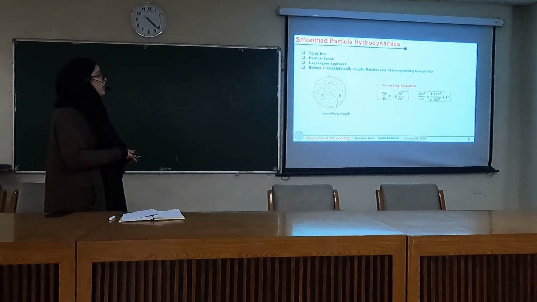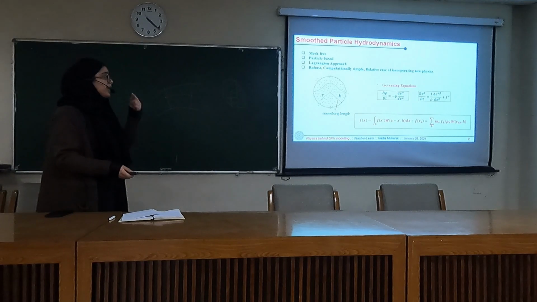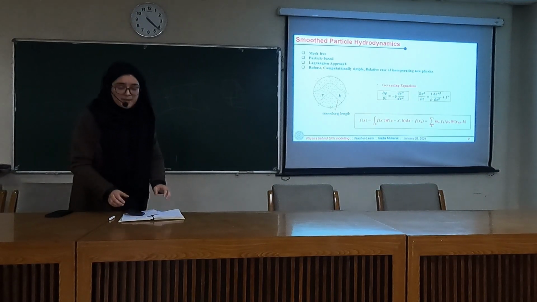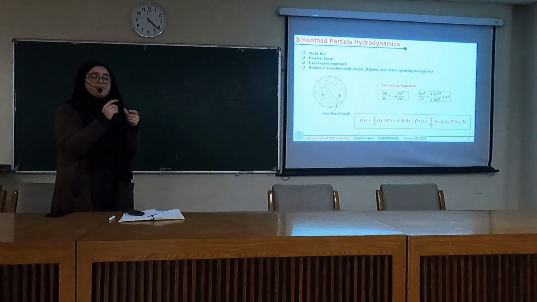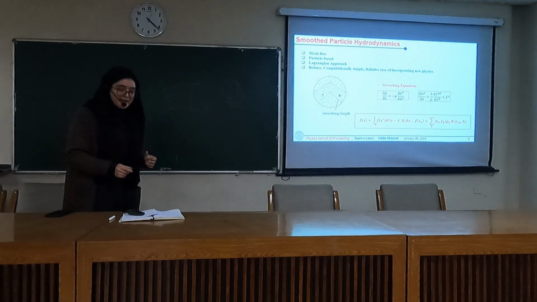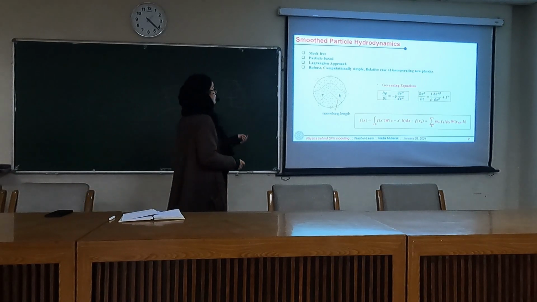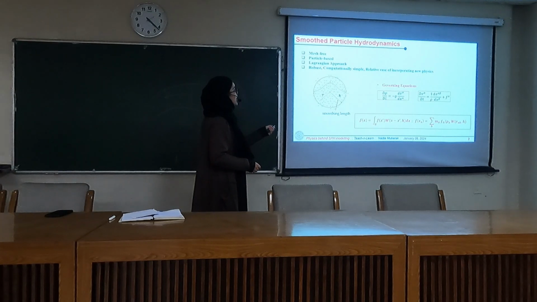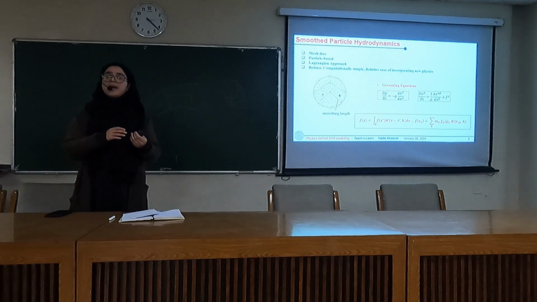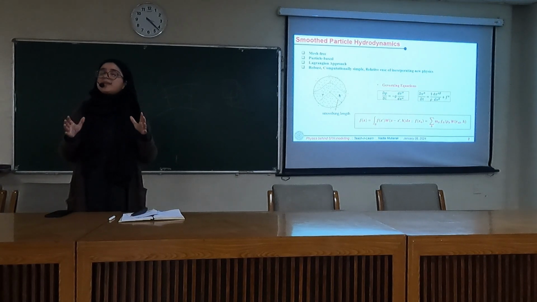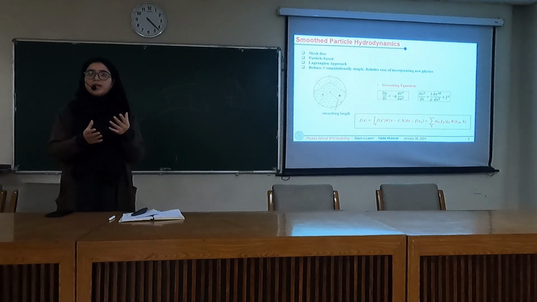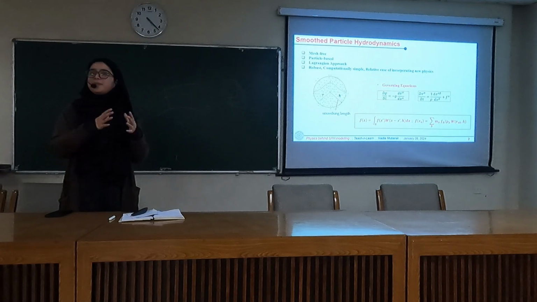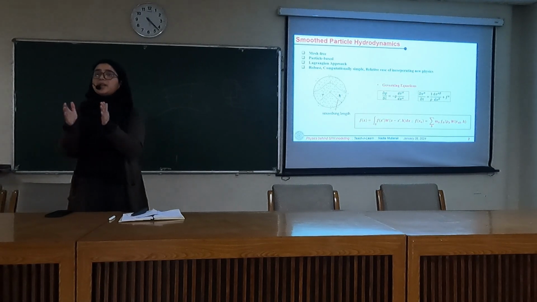In SPH, some approximations are needed when we are determining the forces between any two particles, say between this particle and this particle at any point. We have two things, space and time. Firstly, we need to know the state of the fluid: what the forces are, what the masses of different particles are, what the velocities are at different time frames.